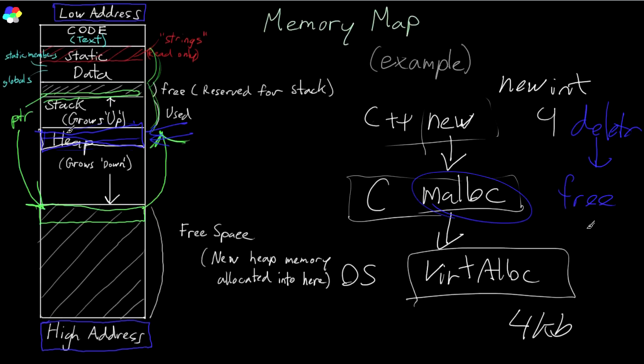One little side note here: when you call free, it doesn't immediately return memory to the OS, because think about it, if you've got a page of memory and you've got some allocations on there, just because you freed one doesn't mean that page is ready to be returned to the OS.